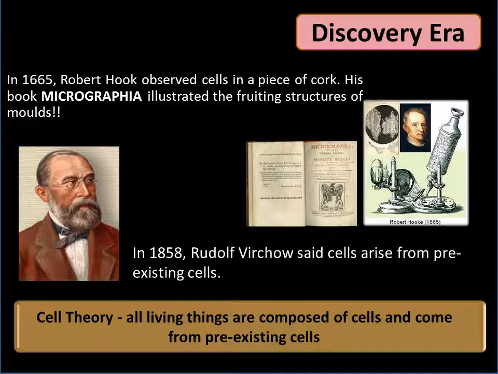In 1858, Rudolf Virchow had a thought that all cells could come from pre-existing cells only. Together these two concepts formed the cell theory, which said that all living components are made up of cells. The basic unit is the cell, and all these cells can come only from pre-existing cells. This was in conflict with the theory of spontaneous generation.